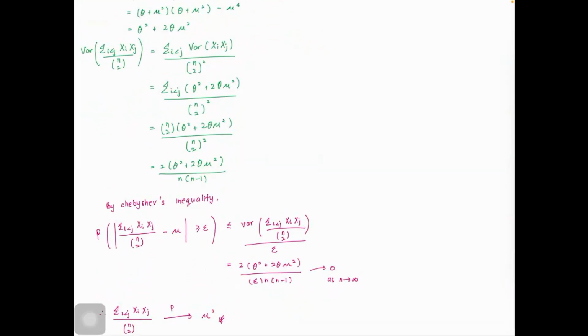After that, your numerator is a constant, but your denominator is related to n. Therefore, as n tends to infinity, this will go to 0, and then you show the result. So convergence in probability is generally not hard.